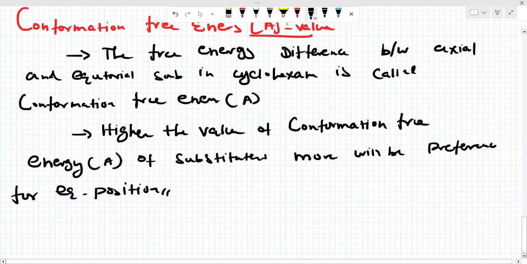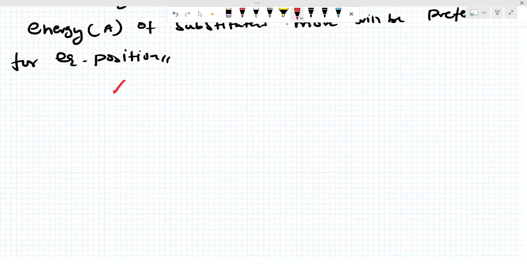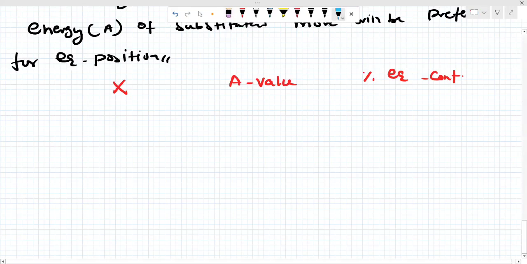Now take group X. This is the A value, and this is the percentage of equatorial conformer. Now I put hydrogen, and I use different colors. For hydrogen, the A value is 0.